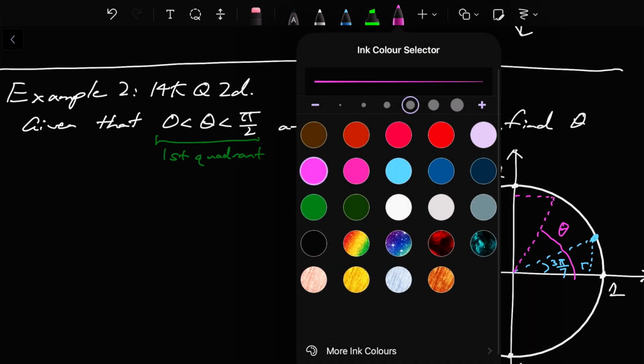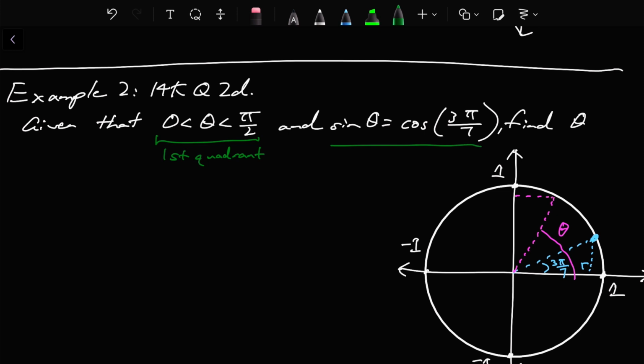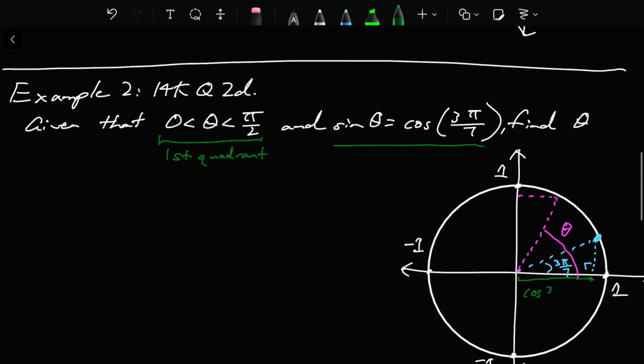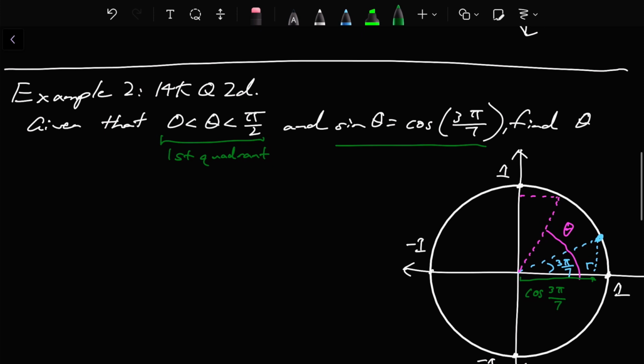This equality gives us the fact that the cos of 3 pi on 7, that is the long side, is equal to the sine of theta, which is equal to the height. These two things have to be the same.